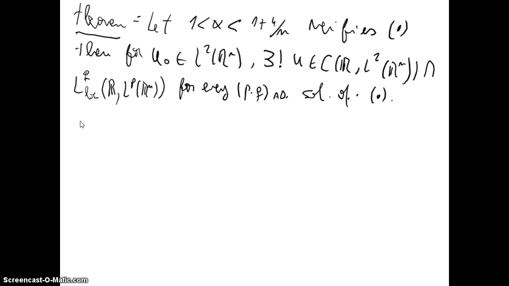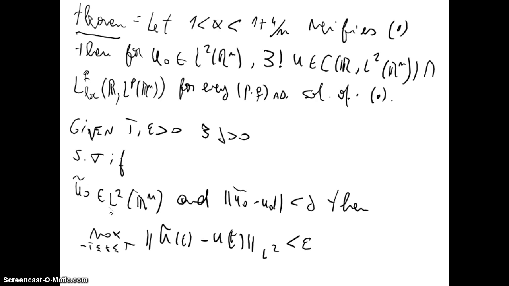And also, given T and epsilon positive, there exists delta positive such that if we take u naught and v naught in L2(R^n) and the two initial conditions differ by less than delta, then the maximum of the times in both solutions has to be less than epsilon.